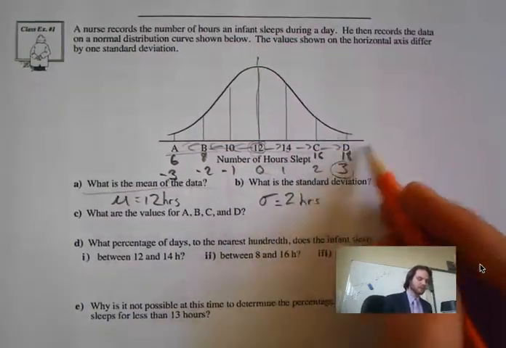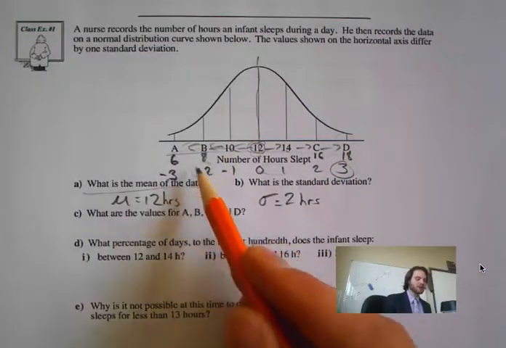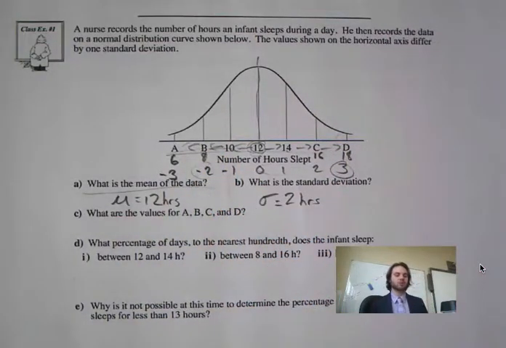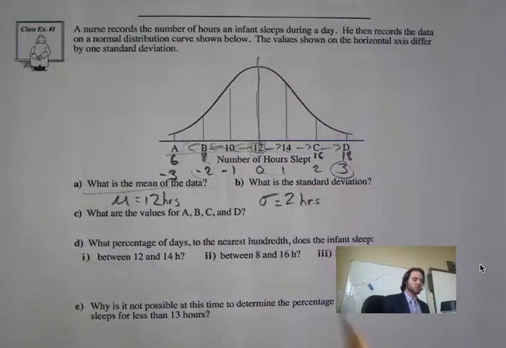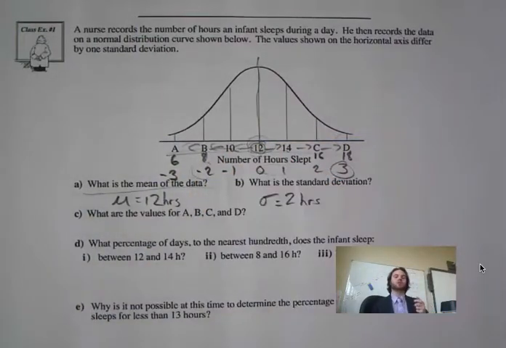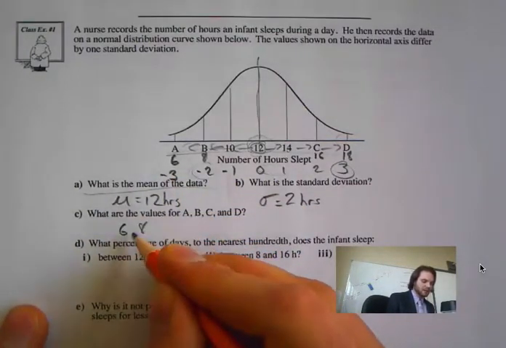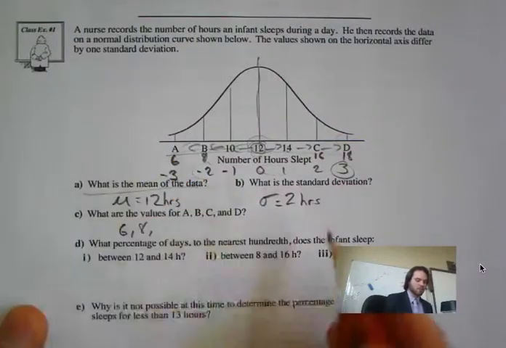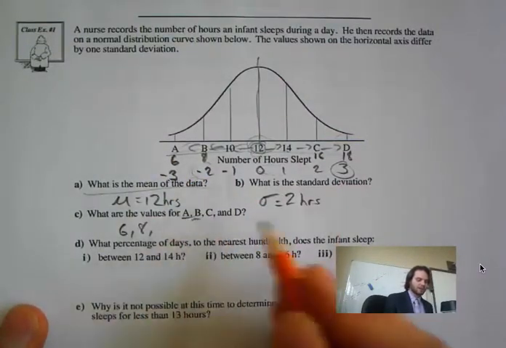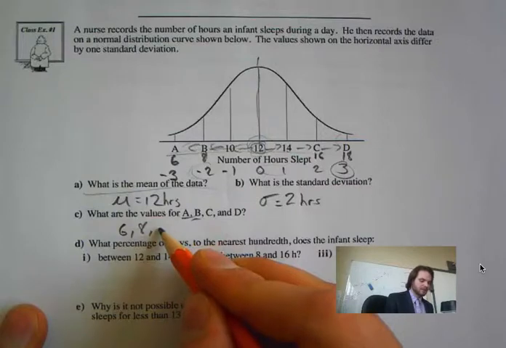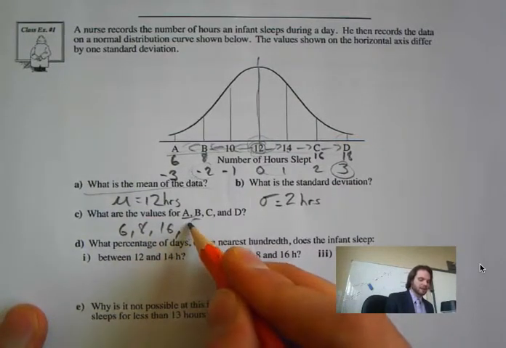That's how we get 18 for D. Let's look at B. B is negative 2. Negative 2 times 2 is negative 4. So we are 4 below the mean of 12. So 12 minus 4 is 8. So that's another way of doing it. So here we get our points: A is 6, B is 8, C is 16, and D is 18.